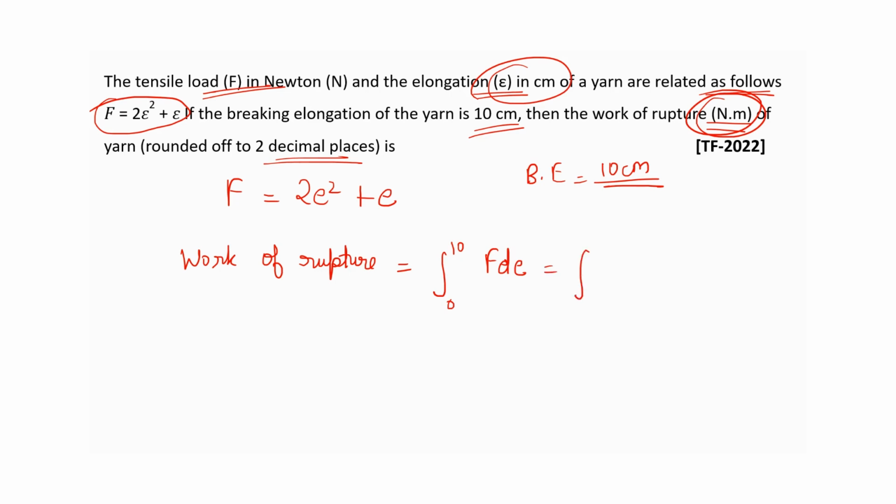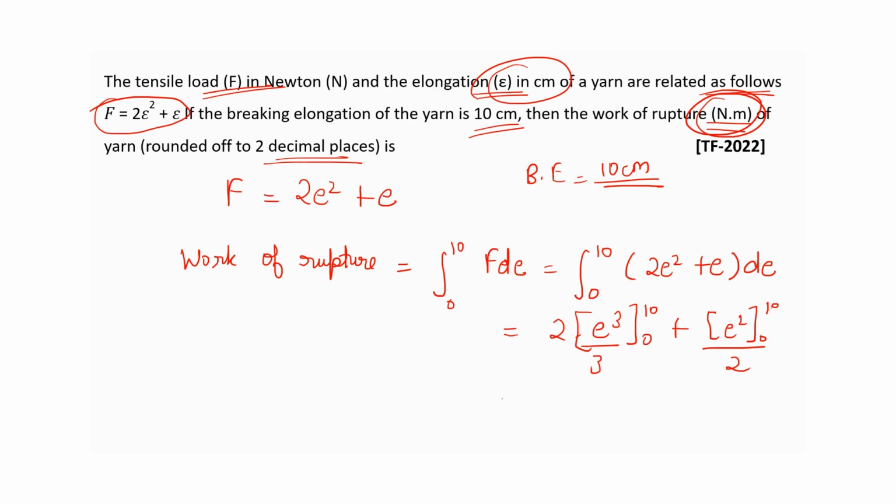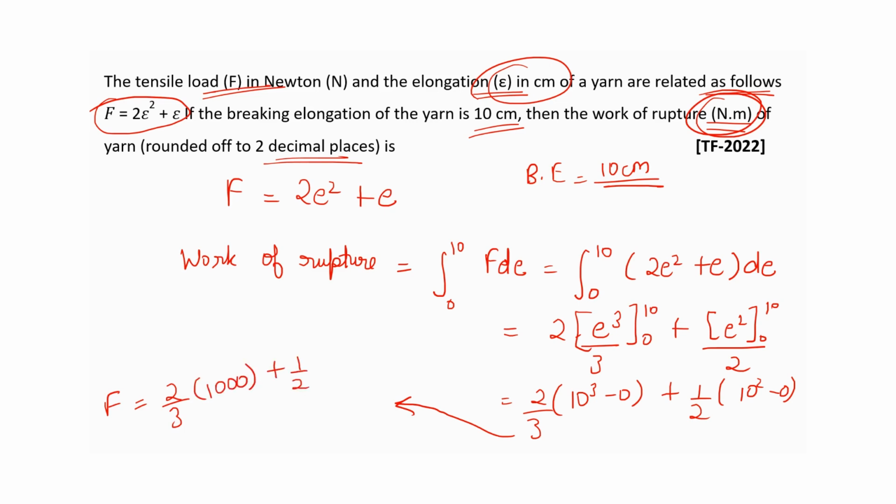So we can write that as the integral from 0 to 10, and in place of F we write 2E square plus E times dE. If we integrate this, we get 2E cube upon 3 from 0 to 10, plus E square upon 2 from 0 to 10. Solving, 2 upon 3 times 10 cube minus 0, plus 1 upon 2 times 10 square minus 0, which is 2 upon 3 times 1000 plus 1 upon 2 times 100.